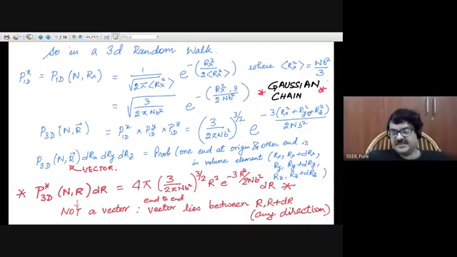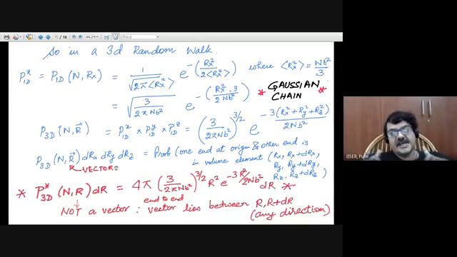So basically you see this is a Gaussian. I've just made the product of the three independent directions, right? And since this is a Gaussian function, you would say, okay, there's a Gaussian chain model as well. And note that this has been a vector.